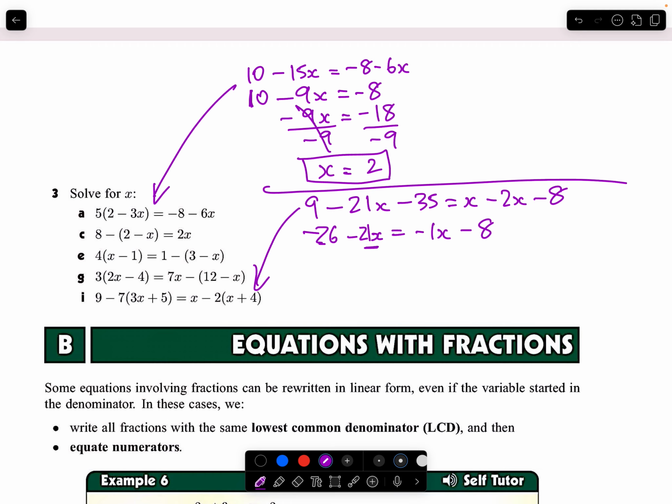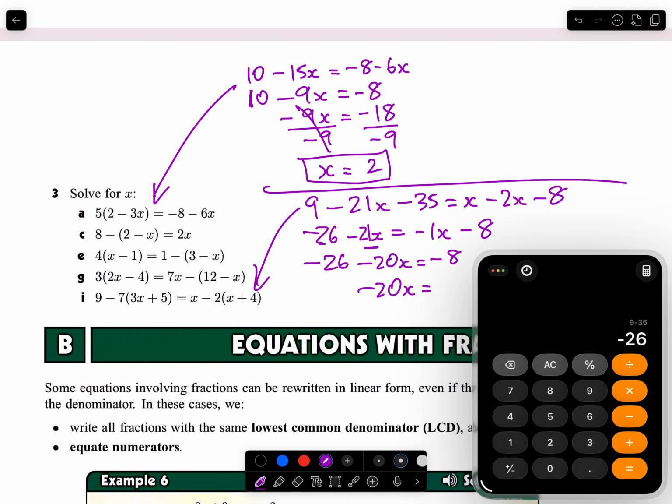So if I added 1x to negative 21x, it's going to be negative 20x equals negative 8. What is the opposite of taking 26? Adding 26. If I added 26, so we go 8, make it negative, negative 8 plus 26 is 18.